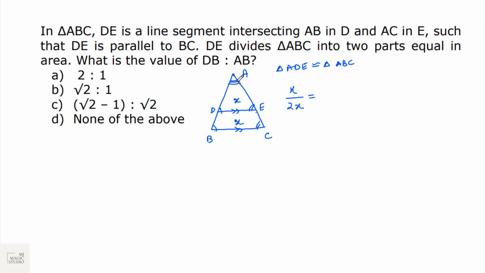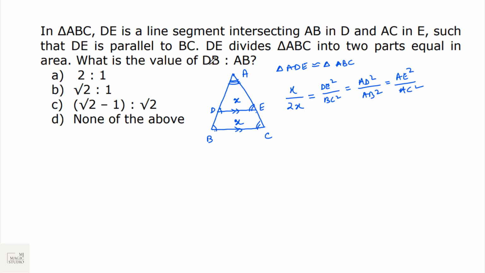So let the common angle here be A. So this can be written as DE square by BC square, or AD square by AB square, or AE square by AC square, using the similar triangle properties.